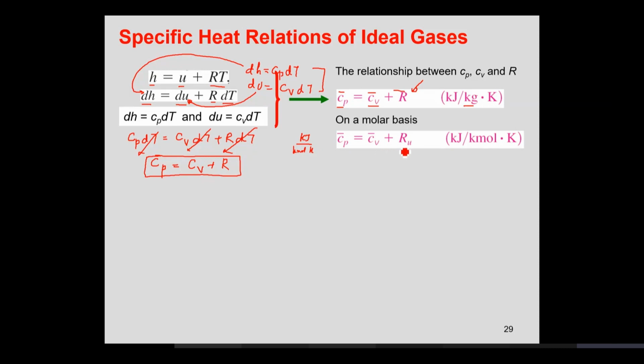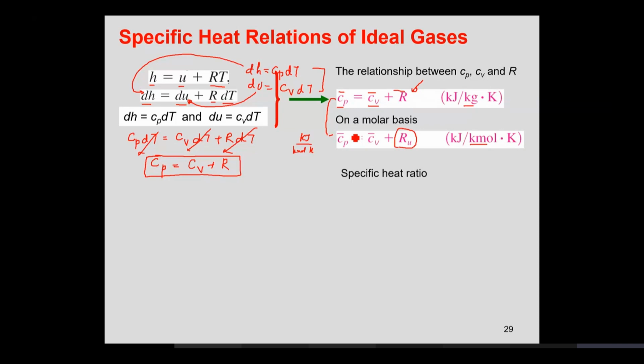Similarly for Cv, and Ru is the universal gas constant, which is again per unit kilomole. Clear enough? So you can use either of the two relationships. Now, if you have these two relationships and the relationship of Cp with temperature, you can find out Cv. We'll have a look at it in an example which is coming in a few minutes.